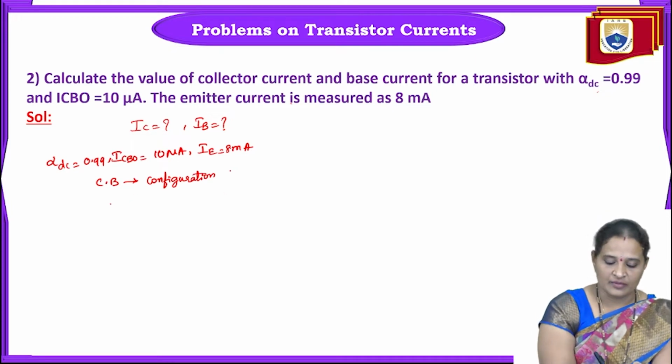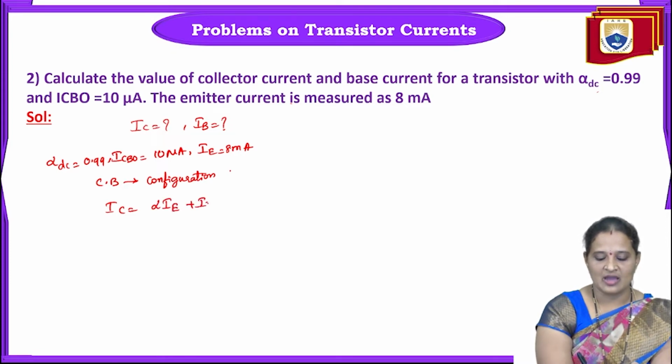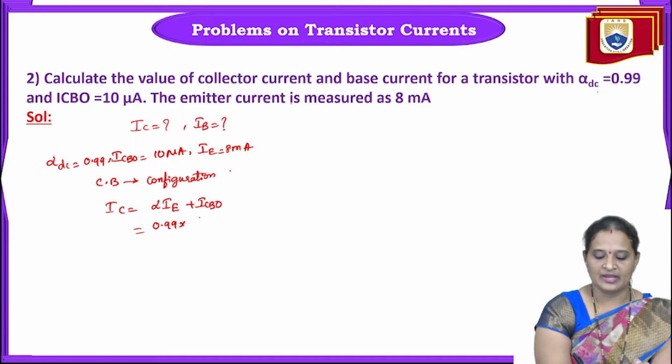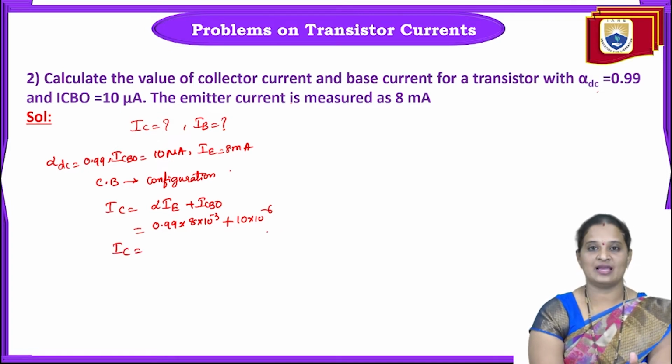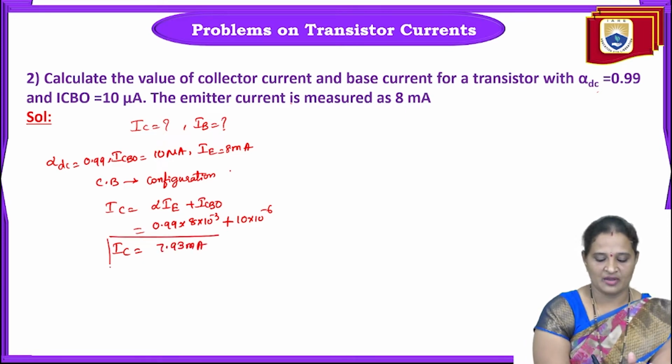In common base configuration, the equation for IC is IC equals alpha into IE plus ICB0. We know all these values: alpha is 0.99 into IE, 8 into 10 to the power of minus 3, plus ICB0, 10 into 10 to the power of minus 6. If we calculate this, we find the value of IC as 7.93 milliamperes.